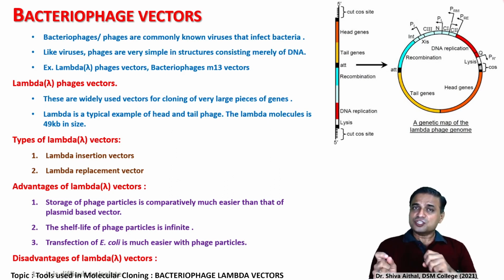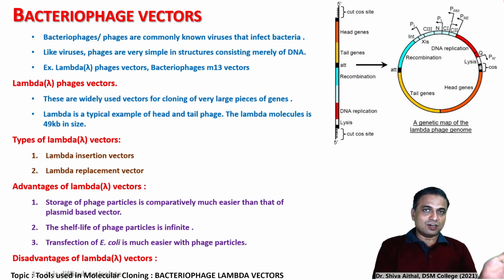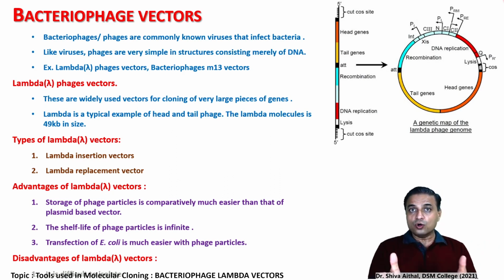The transfection of E. coli is much easier with phage particles, means from one host to another host within the strain, or just transfer of this DNA from one bacteria to another bacteria, like transduction. Now we are not calling it transduction, we are calling it transfection because we have a designed genome in this. So transfection is the infection of this cloned viral particle from one host to another host, and it is very easy.